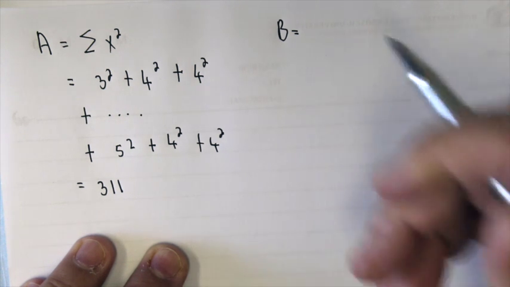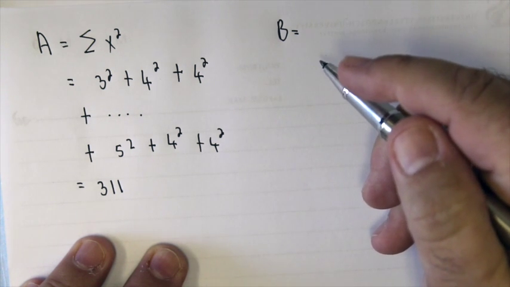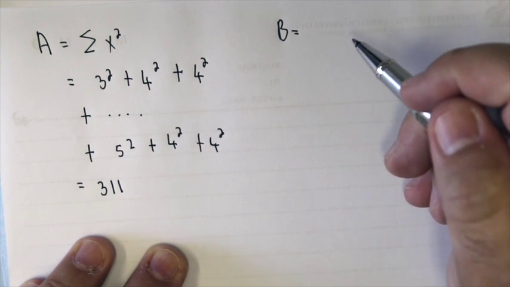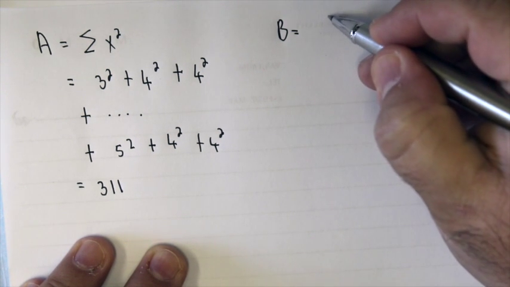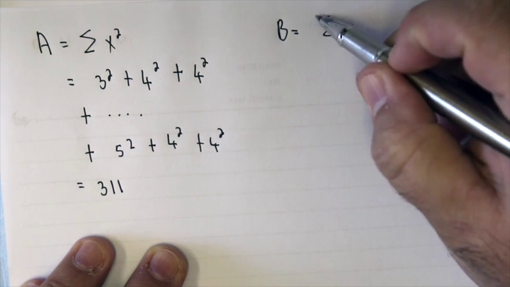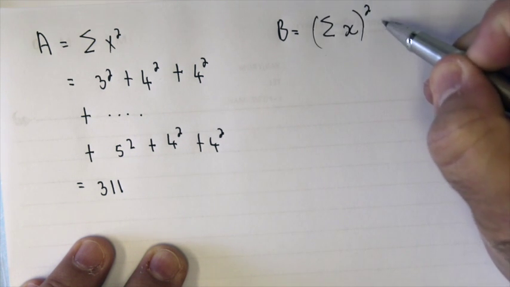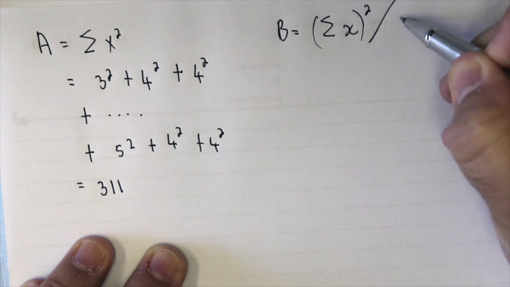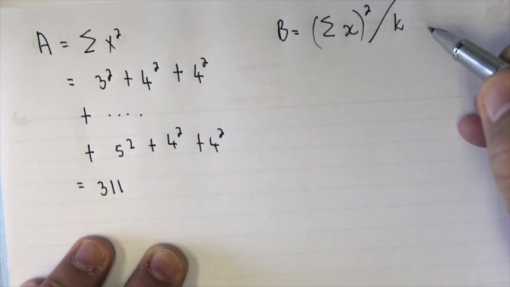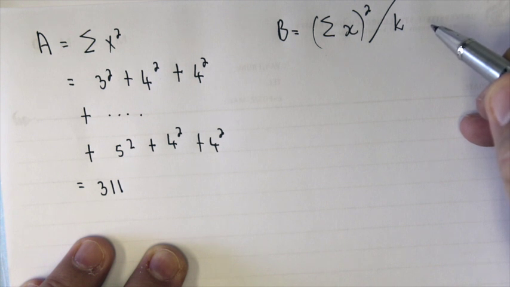The next one that we need to calculate in order to populate our ANOVA is B. B is basically the sum totals in terms of the dam family totals. So that is just the sum of all the x's to the power 2 divided by k, which, remember, is the offspring per dam.